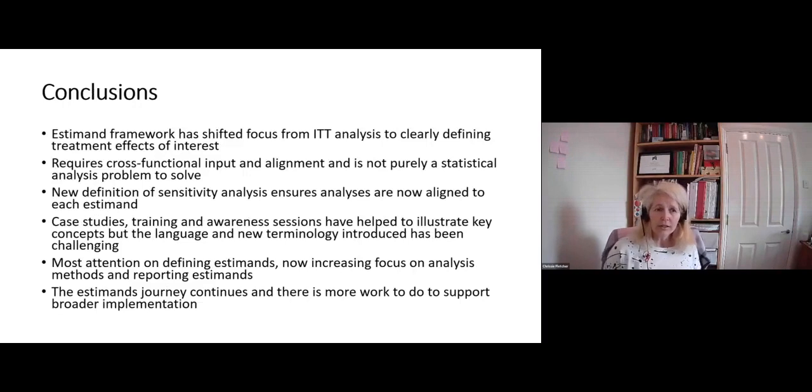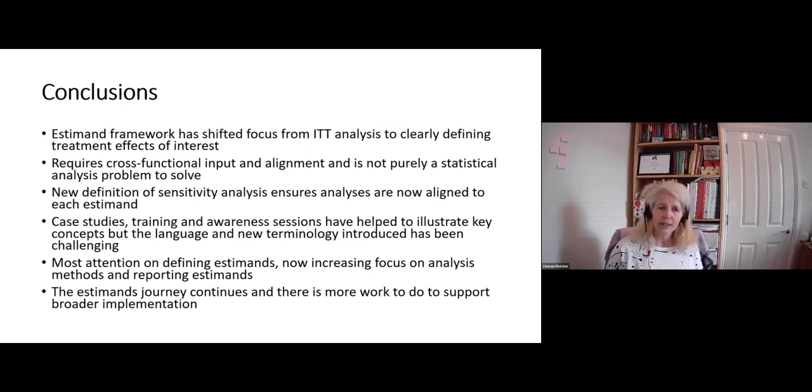So in conclusion, the estimand framework has really shifted focus away from ITT analysis to clearly defining treatment effects of interest, which are driven by your clinical objectives. This requires cross-functional input and alignment. It's not a purely statistical analysis problem to solve. There's still more work to do to really embrace this across all our broad stakeholder communities.